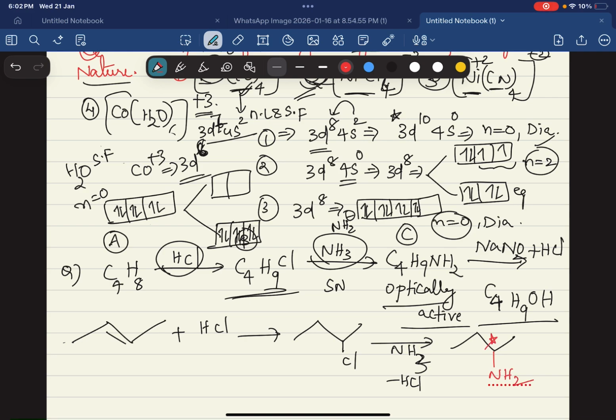Over this chiral carbon with NaNO2 and HCl, what will happen? NaNO2 and HCl just form a diazonium salt. Later it removes this whole group and gives the respective carbocation. With an aqueous medium, it will give alcohol directly. So this is the alcohol which is formed. Now this is a chiral carbon. So accordingly we can get it. It's not a difficult question, it's a very simple question.